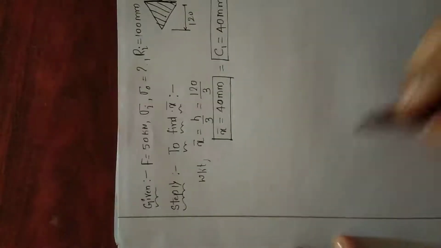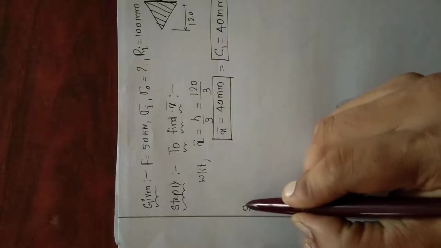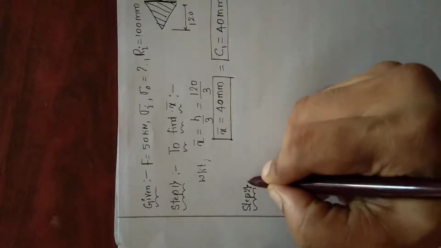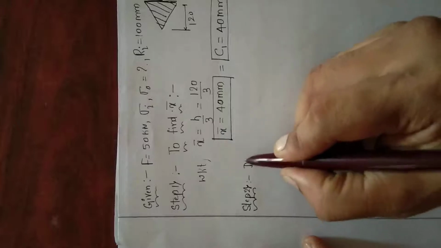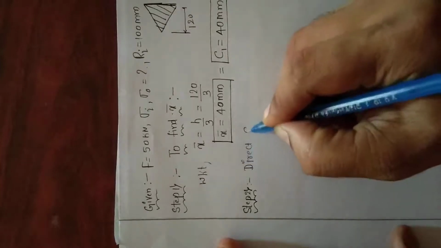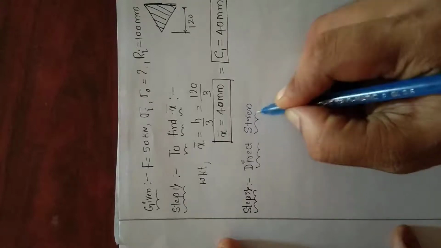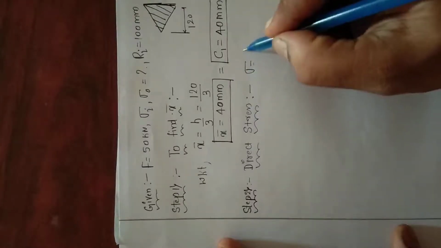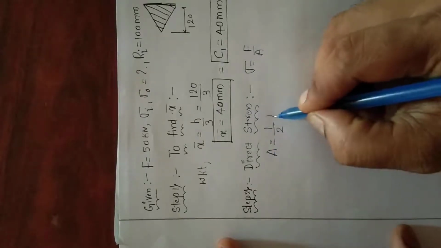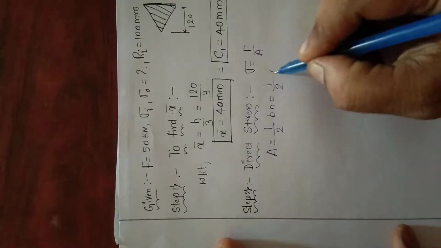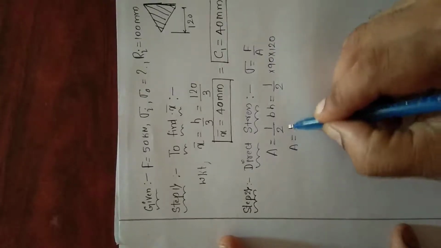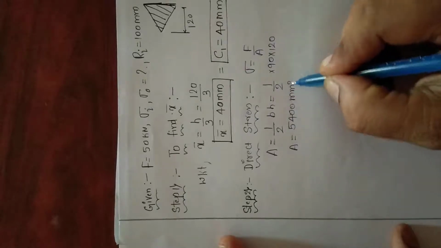Next, step 2 is the direct stresses. To find the direct stresses, I know sigma is equal to F by A. Area of a triangle is half into base into height, so half into base 90 into height 120. The area is 5400 mm square.